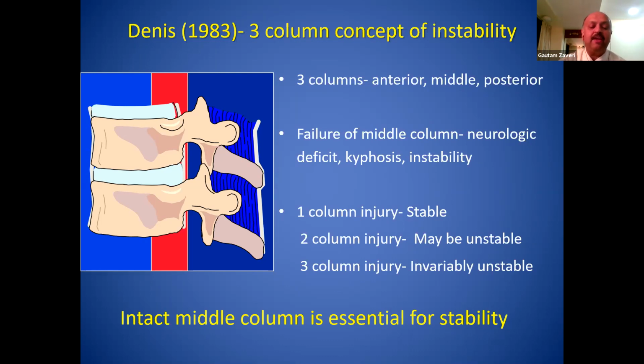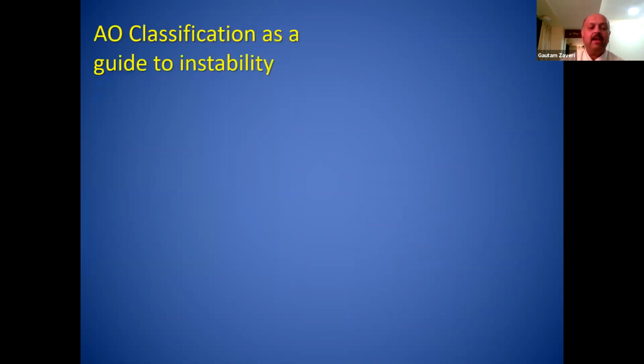And therefore he said, if one column is injured, either the anterior or posterior column, then it is stable. But if two columns, either the anterior and middle or the posterior and middle, are injured, then this is an unstable injury.